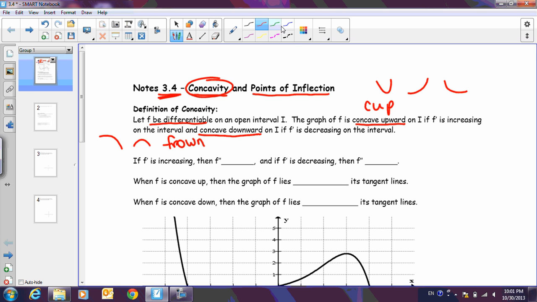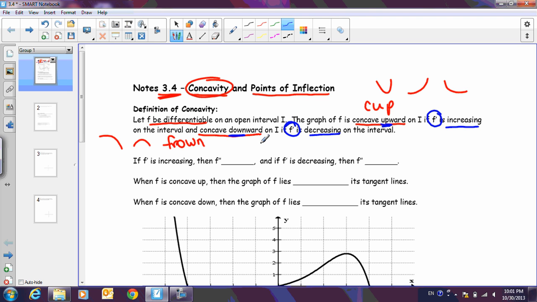But what we're going to focus on is this whole idea of the derivative. The derivative is increasing when we have concave up, and the derivative is decreasing when we have concave down. You can almost think of concavity like acceleration.